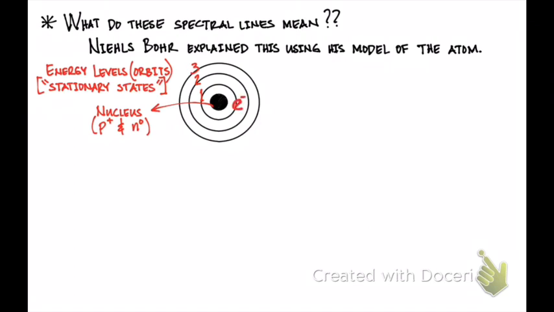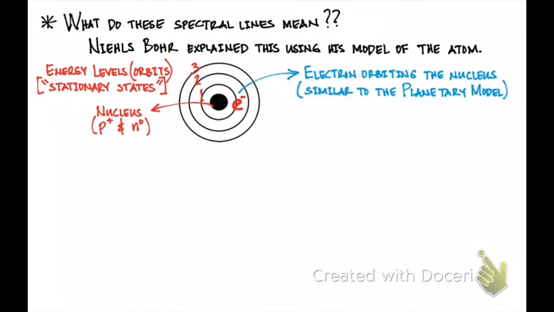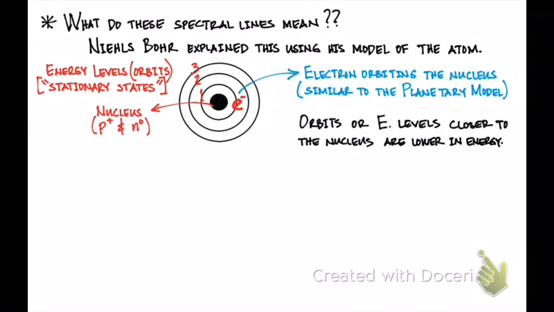These electrons revolve around the nucleus, kind of like the planets revolving around the sun, right? So this is very similar to the planetary model. You have electrons orbiting the nucleus. The orbits or energy levels closer to the nucleus are actually lower in energy.